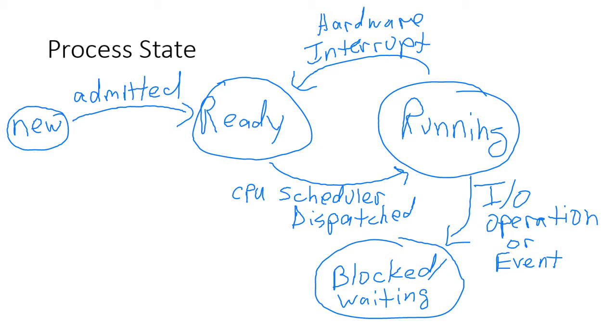Okay, yeah, user input would be an input operation. That's an I/O operation. So definitely, I'm going to have an arrow coming out of the blocked or waiting state.